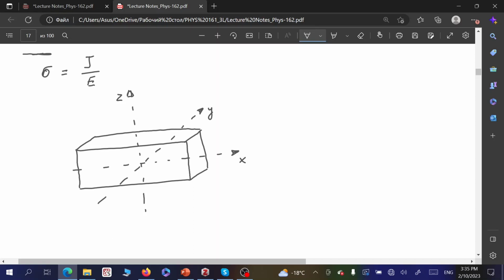Let us assume that we have electric current flowing through this sample along axis X. And here we consider positive charge with some drift velocity vector in the direction of electric current flow. And let's say we have negative charge. In this case, drift velocity vector will be in opposite direction.